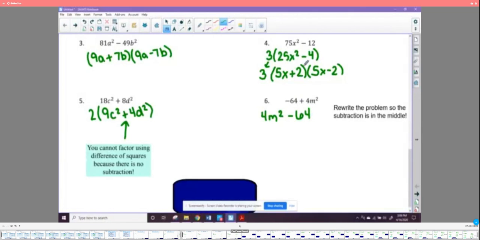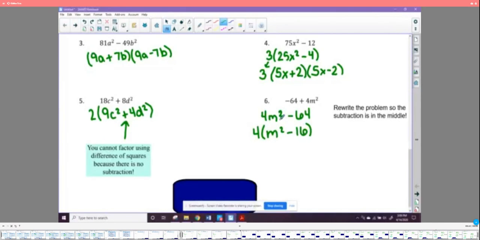Now it looks like our other problems we've been working with, except for number 5. So is there a greatest common factor we can factor out here? Yes, we have a 4 we can take out of both terms. So we get m squared minus 16.